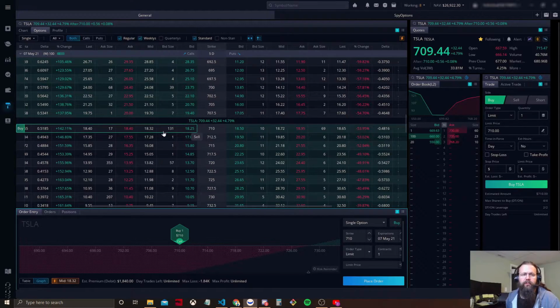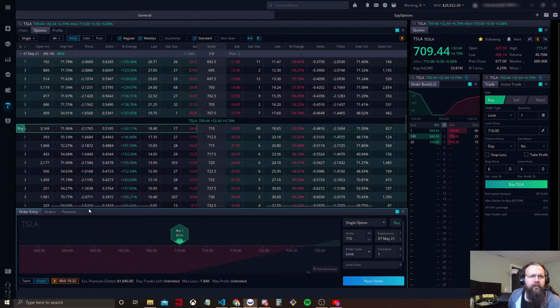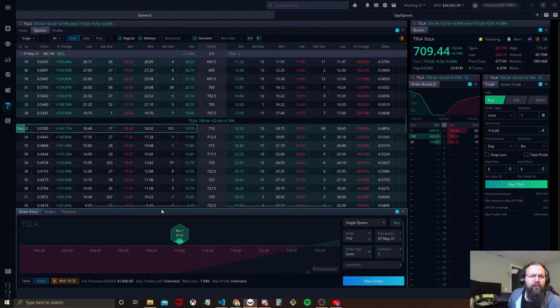And sometimes Webull will even have these blanked out early Monday, because all the algorithms are updating. So you can see this has a large number of open interest. We have a pretty tight bid-ask spread.